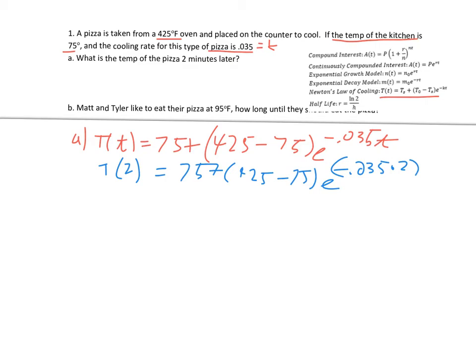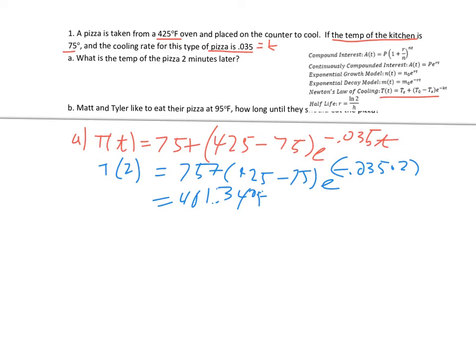I don't need to use logs on this one because my variable is not in the exponent, so I'll just do 75 plus. And I'll go ahead and just type that in as 350 times e to the power of negative 0.035 times 2. And if I do that, I get 401.34 degrees Fahrenheit.